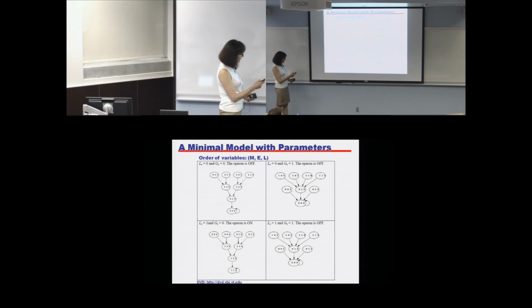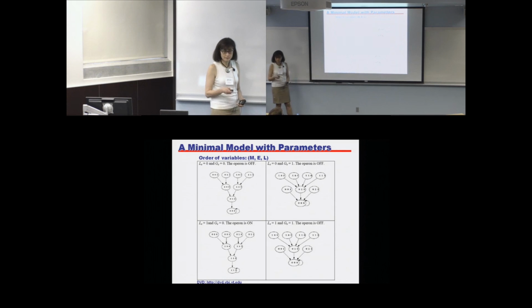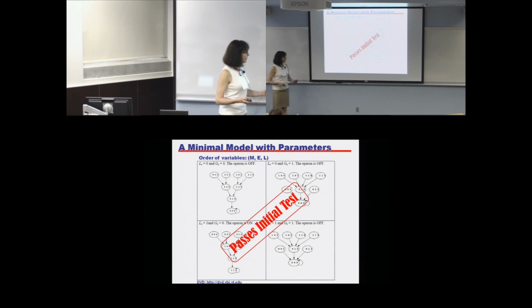And we see that the operon really turns on only when it's supposed to be on, biologically. It's off in all of the other cases. So no matter where you started, those rules make sure that it either goes off under the appropriate biological conditions or it turns on. Okay, so this passes the initial test as well.